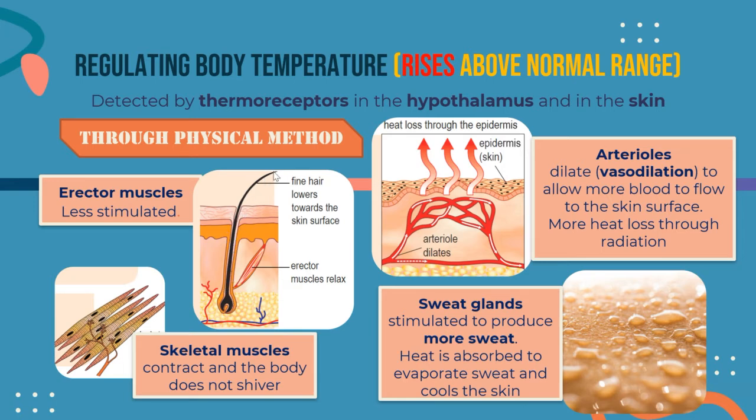When the temperature rises above 37 degrees Celsius, the erector muscles relax and become longer, and this causes the fine hair to lie lower toward the skin surface, so less heat is trapped, or more heat is lost.